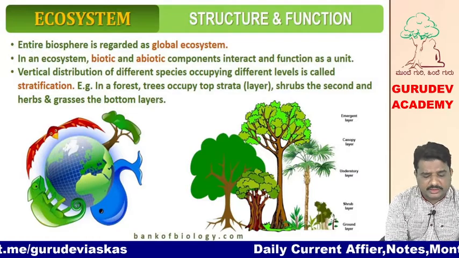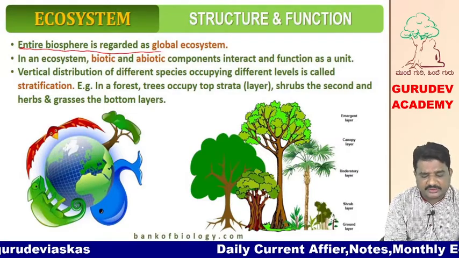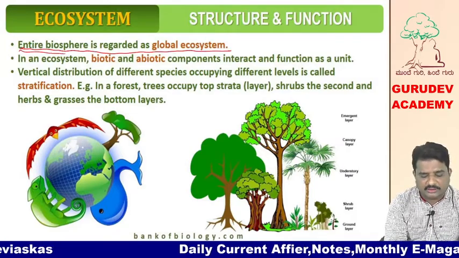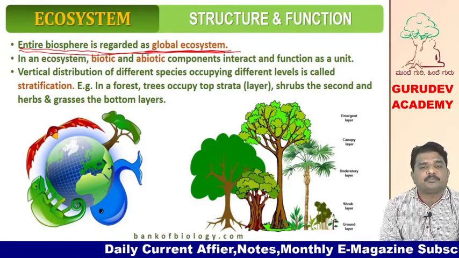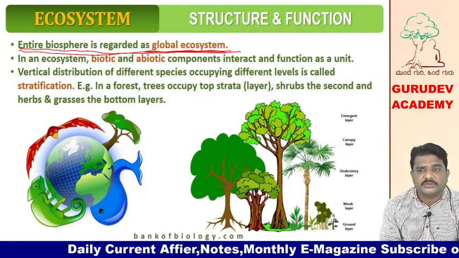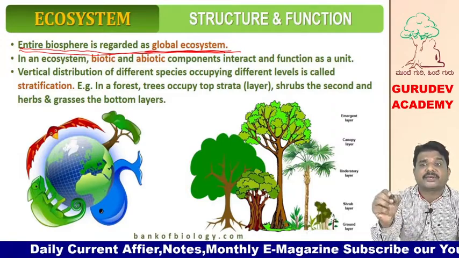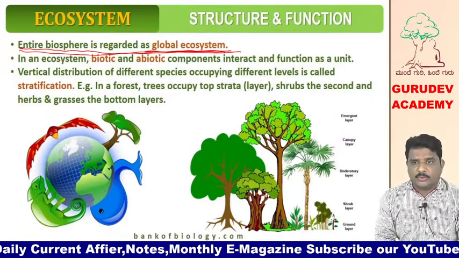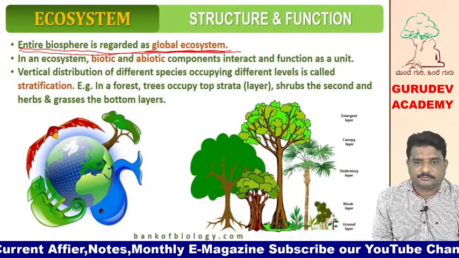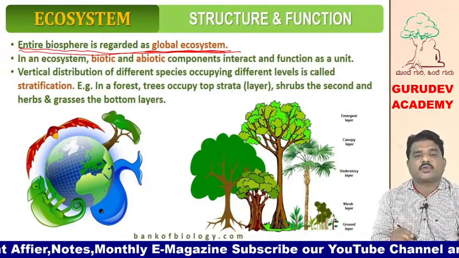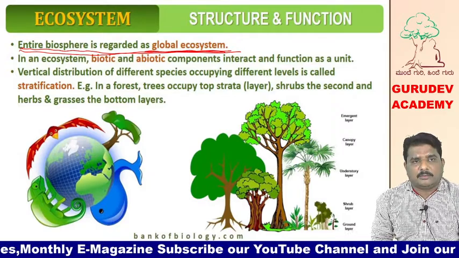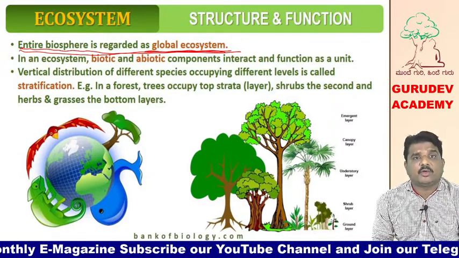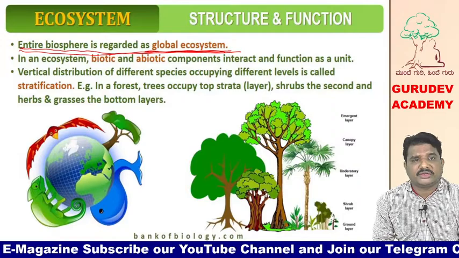This entire biosphere is regarded as a global ecosystem. Biosphere means where the living organism are present on the earth, we can call it as a biosphere. Living organism area is called biosphere. Biosphere is a global ecosystem.